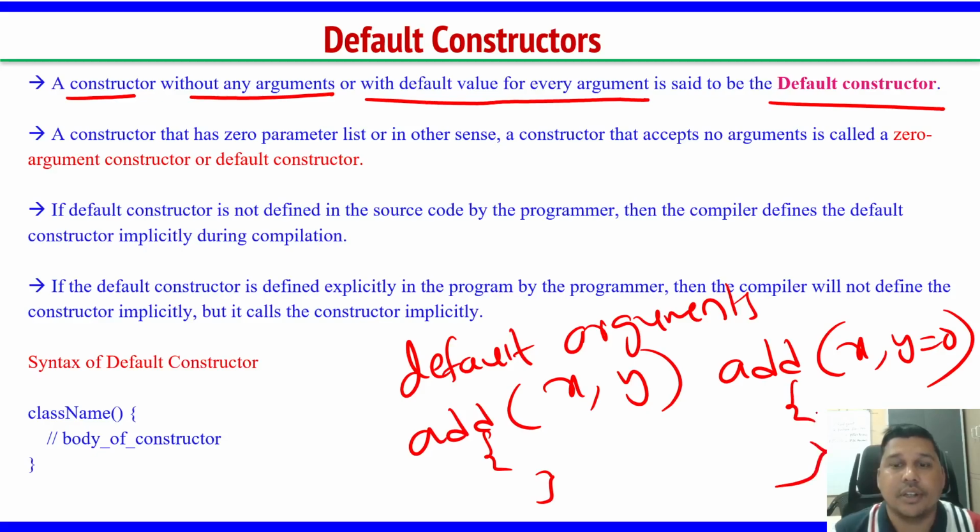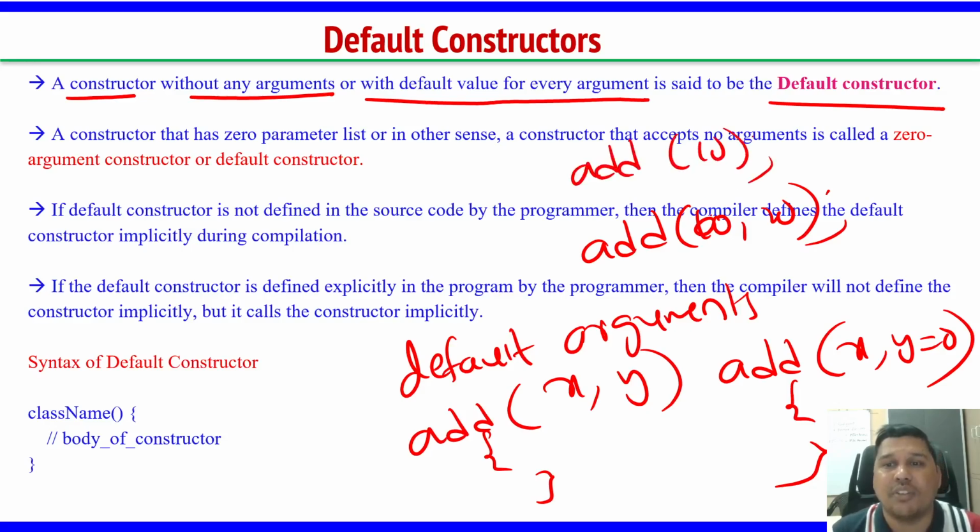In this case, I can call the function add with 10 comma 20, it will do the addition, or I can even call it with 10. While doing function overloading, we will do this. These are called the default arguments. We studied these things in the functions concept. You may please go back and recall this concept of default arguments in functions.